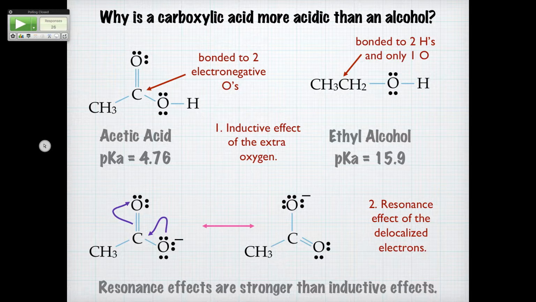Everybody got that? Are you still writing? So that's why these are called carboxylic acids, and these are only called alcohols. They're not alcohol acids. They can function as an acid, but you have to have a really strong base to work with if you want them to be an acid.